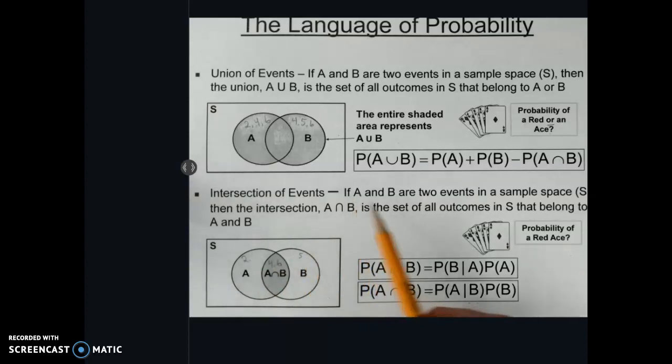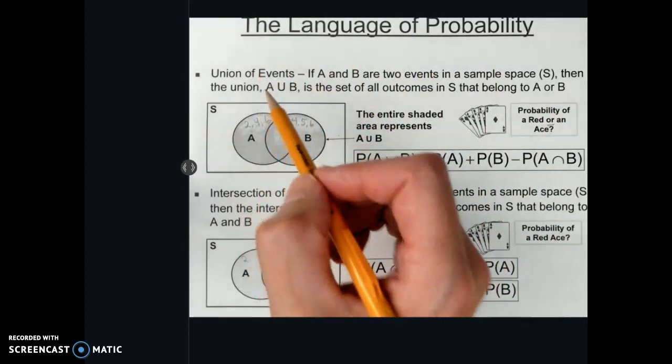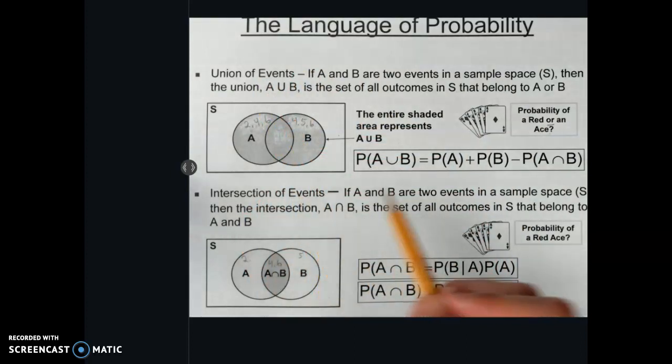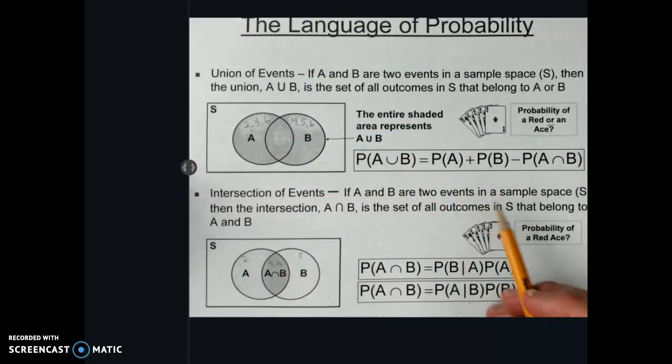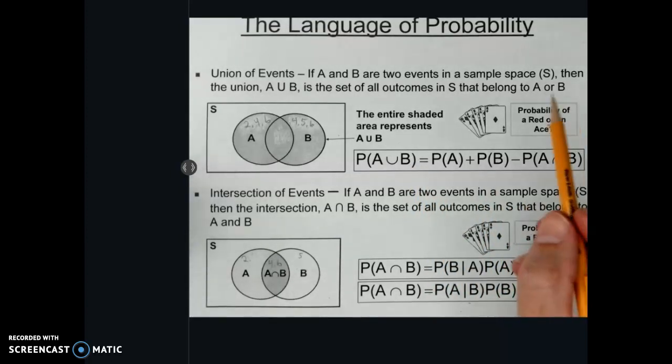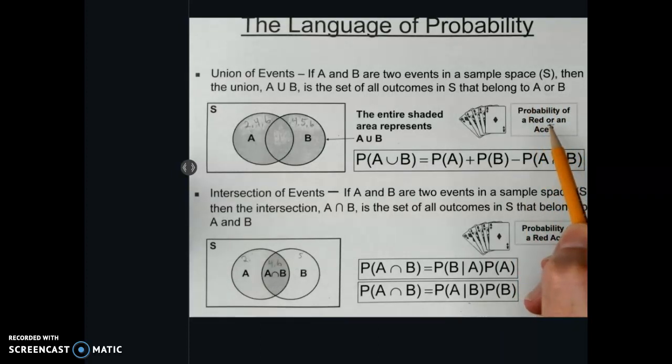But we do want to develop a mathematical acumen for calculating unions and intersections. And that's where these formulas come in handy. For example, let's say that we want to know the probability of getting a red or an ace. Well, you see the word or there, which implies that we're trying to find the union of red, ace, right?